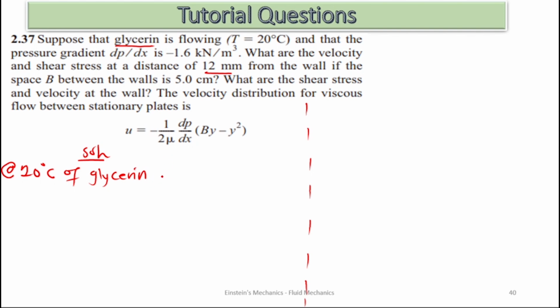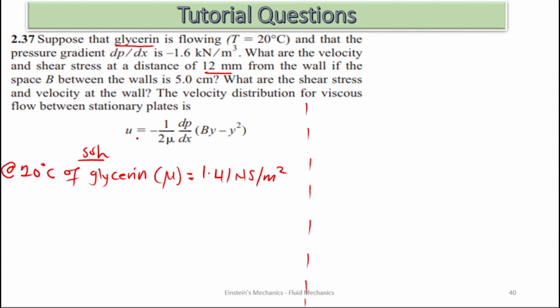Looking through the formula, there's a viscosity, mu, which we have to find out. It's given as 1.41 Newton second per meter square. This is read from tables for this fluid flowing at this temperature.